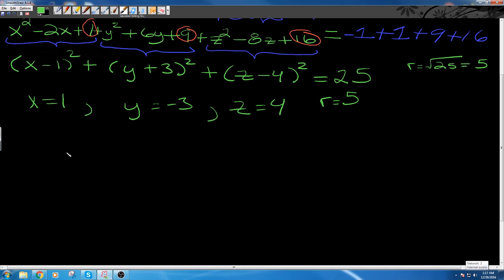So we now know the center and the radius of the equation of the sphere given. So we know that the center is some x, y, and z. Gosh, those commas always look like j's.